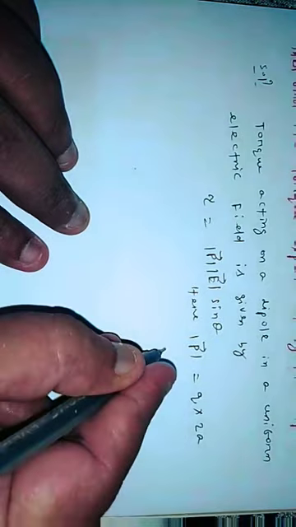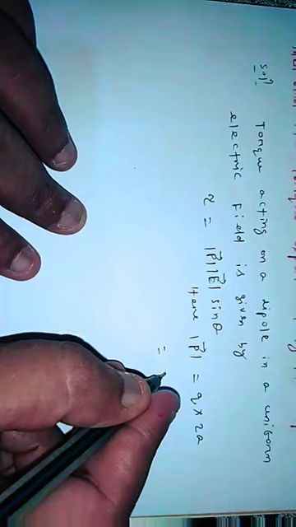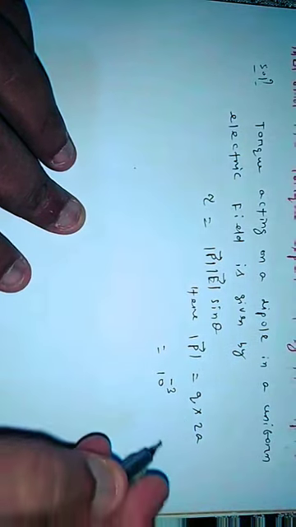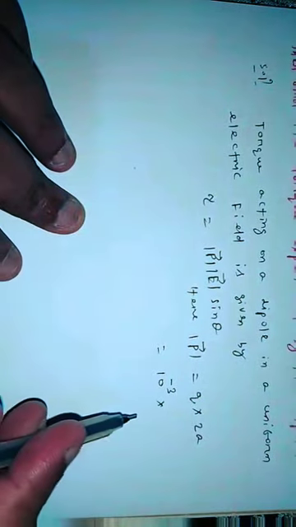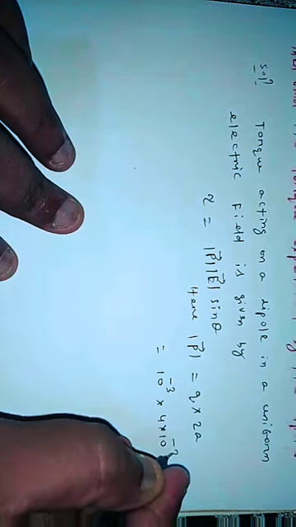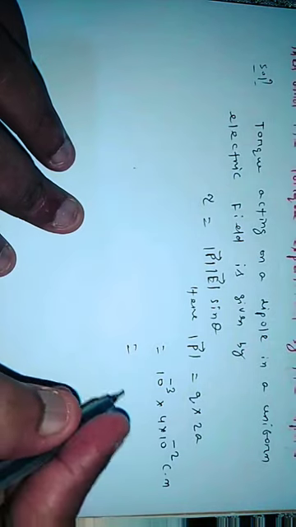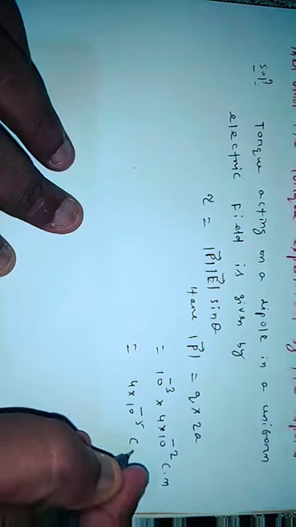Q is given as 1 millicoulomb, or this is equal to 10 to the minus 3 coulomb, into the separation between two charges, which is 4 into 10 to the minus 2 meter. This is equal to 4 into 10 to the minus 5 coulomb into meter.